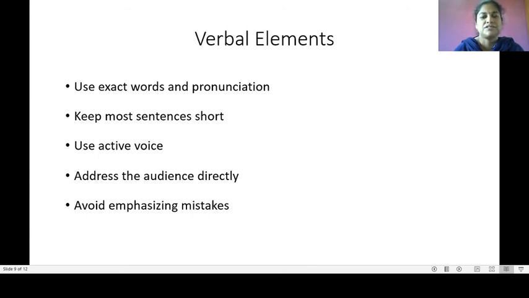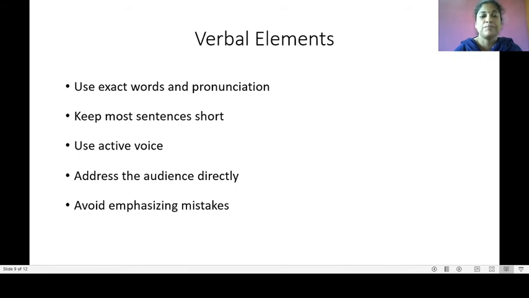Incorrect pronunciation gives out wrong information and portrays the presenter in a different light. And don't use long sentences. Keep sentences short. Simple language, short sentences, and correct pronunciation. Use active voice.